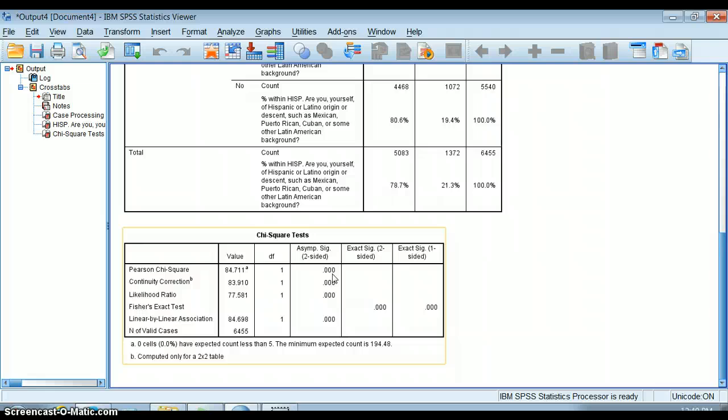So there's very little chance, if you said definitively, I think that being Hispanic affects whether or not you use the internet, that you're wrong. This means that what you're looking at is very statistically significant. We can be very confident, looking at this crosstab, that it's representing something real going on in a larger population in terms of racial differences in internet access.